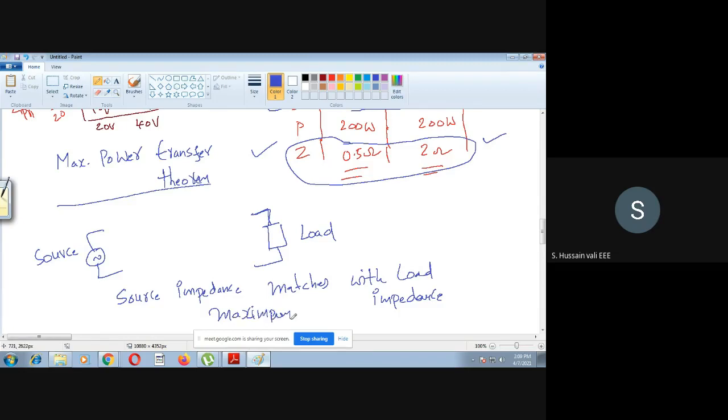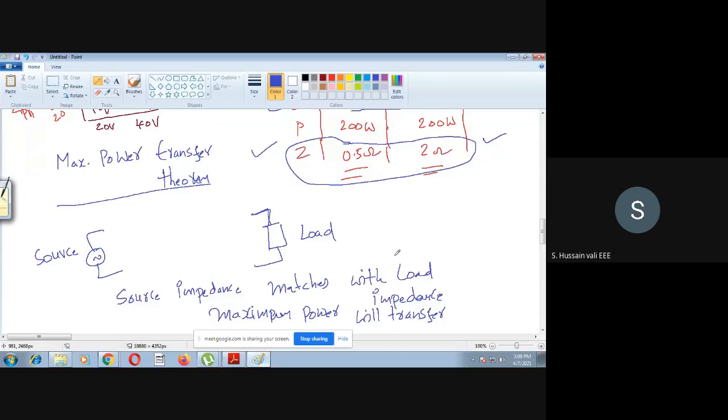Maximum power will transfer. This is what the maximum power transfer theorem states. So it says that whenever you want to transfer maximum power from the source to the load, what you have to do is match, or equate, the source impedance with the load impedance.